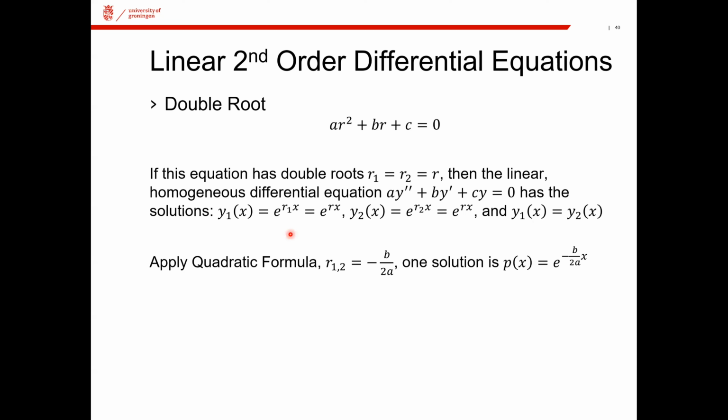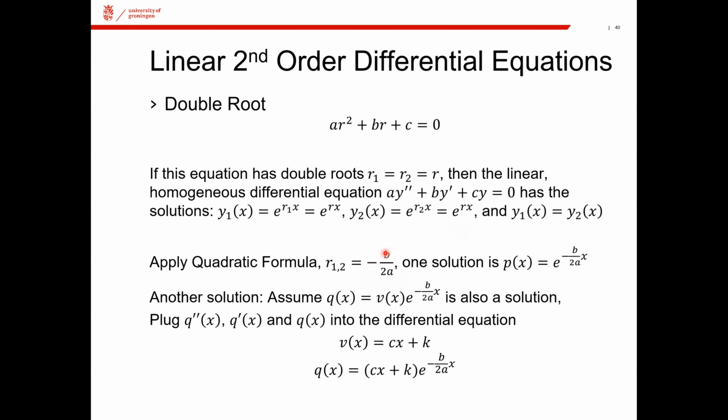And then we apply the quadratic formula. So r1, r2 equals minus b divided by 2a. So one solution is p(x) equals e to the power of minus b divided by 2a times x. Basically here we just substitute r with this term.